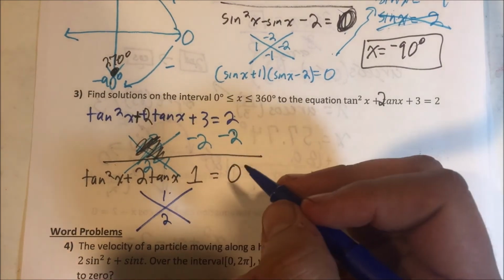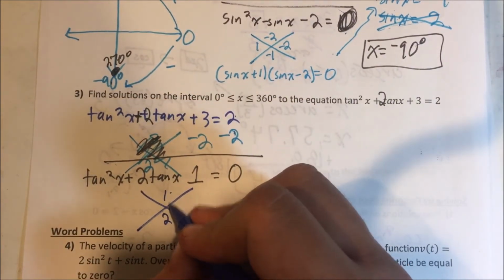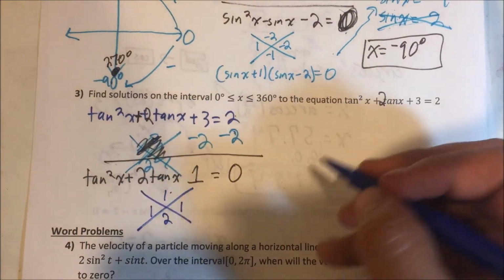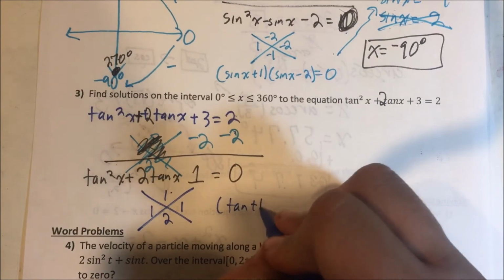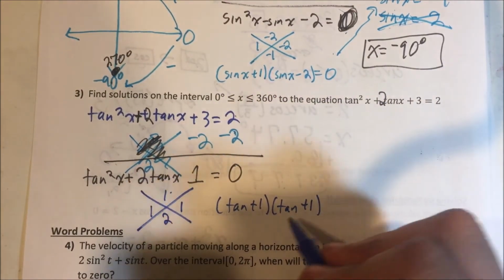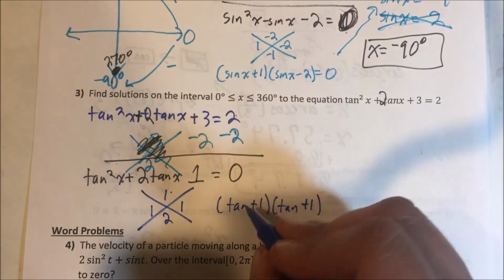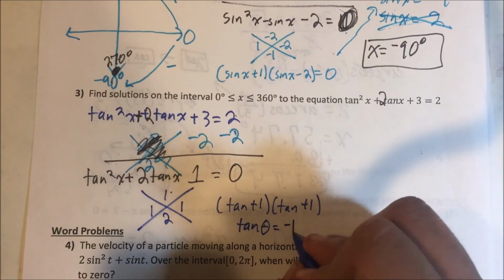So we put a 1 up there and a 2 down there. And of course, we need 2 numbers that multiply to 1 but add to 2. That is 1 and 1. So that's going to break down into tangent plus 1, tangent plus 1, which is nice because setting either one of these equal to 0 is going to eventually get us that tangent is equal to -1.